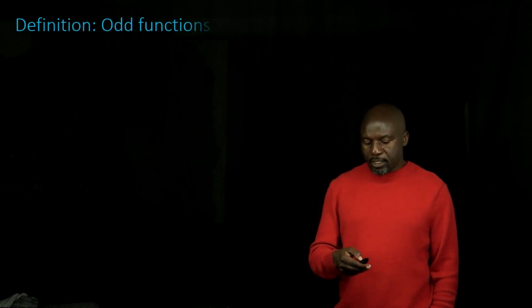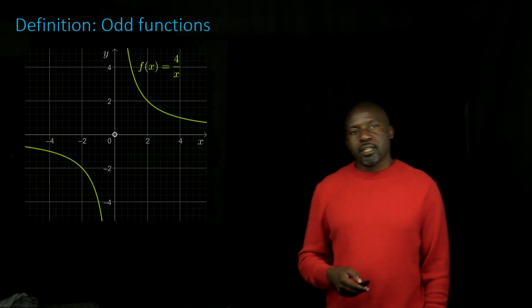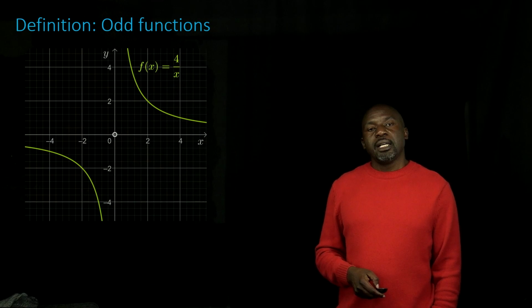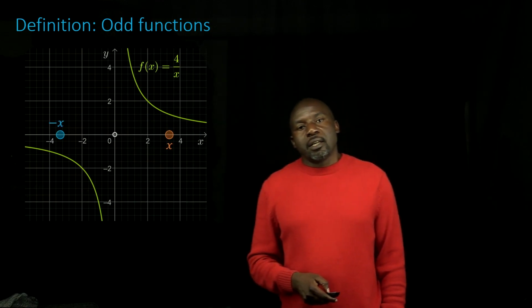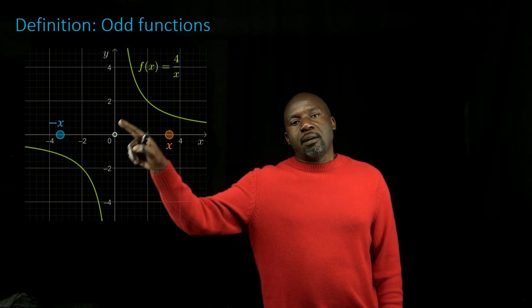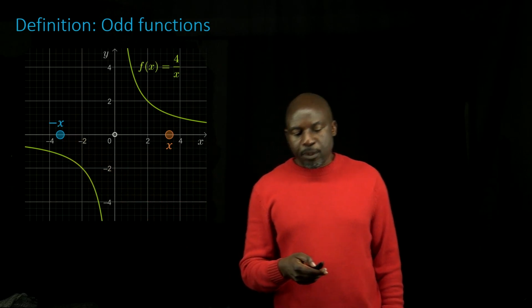We can conclude this mathematically and say that a function is said to be odd. Look at this one here. This is a reciprocal function as well. And we can conclude that, look at that. So f of x is going to be positive there, but f of negative x is going to be negative there.